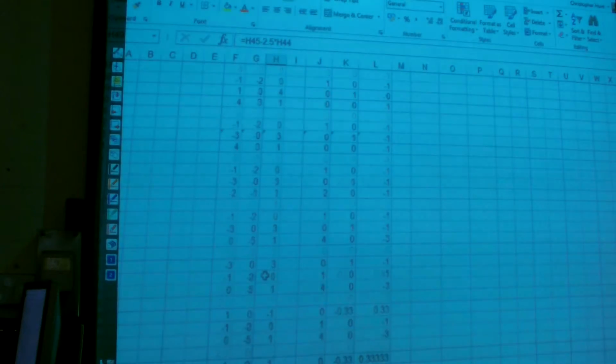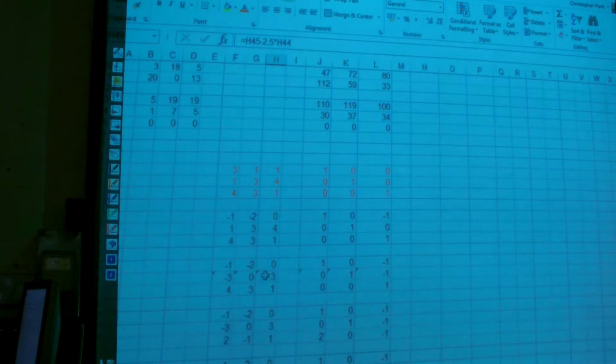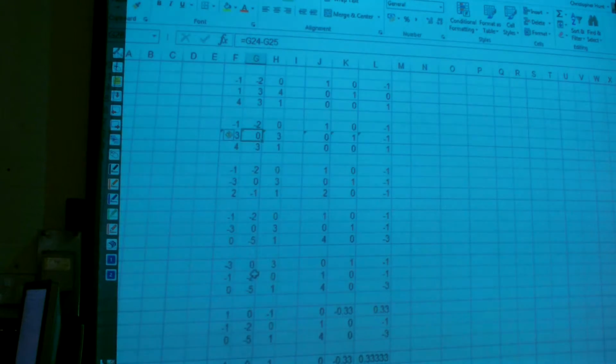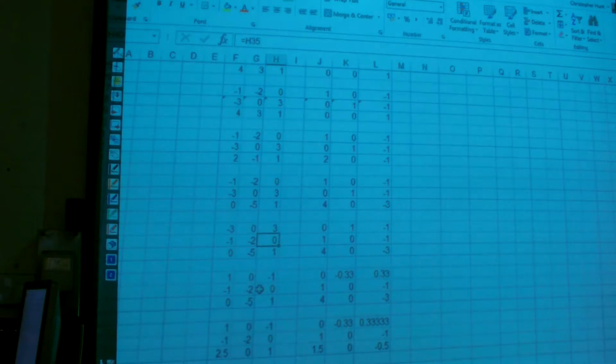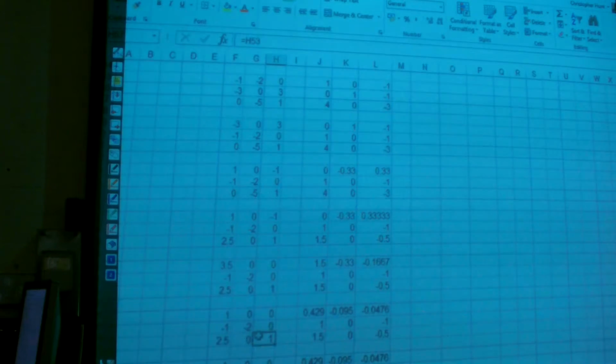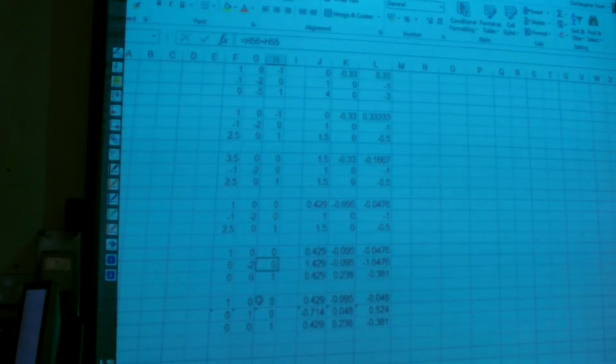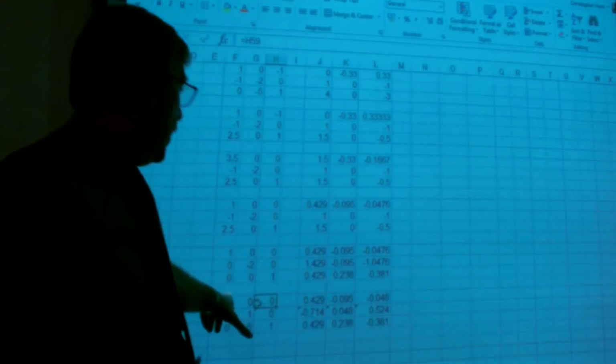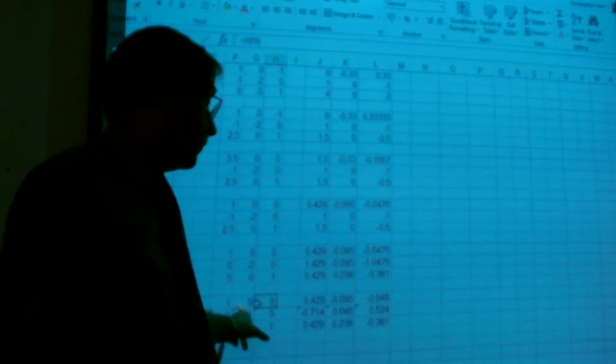So, how many operations did I do? I did 1, 2, 3, 4, 5, 6, 7, 8, 9, 10, 11 steps, 11 operations. I ended up with a matrix that is the identity matrix.